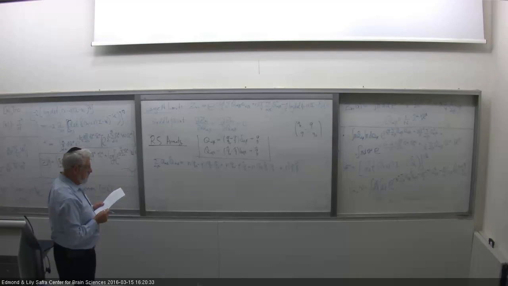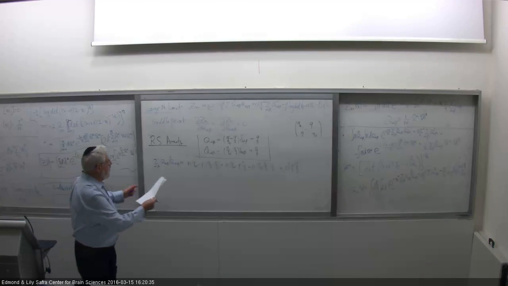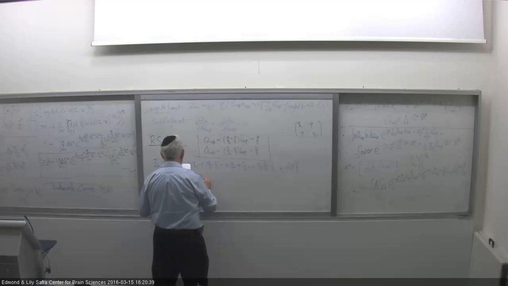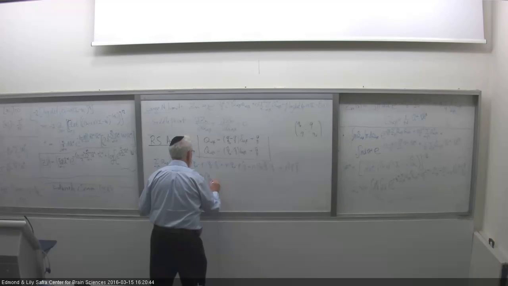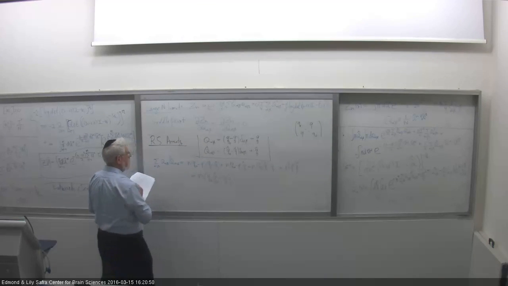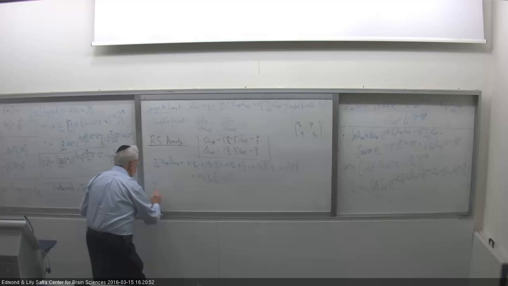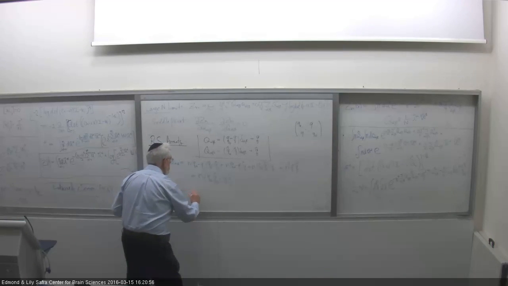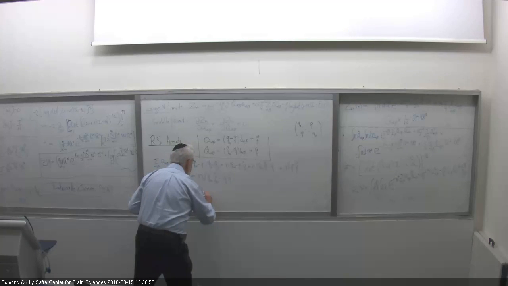If you collect terms here, you end up with a simple result. Similarly, the sum of Q alpha beta squared is n times Q0 squared minus Q squared.